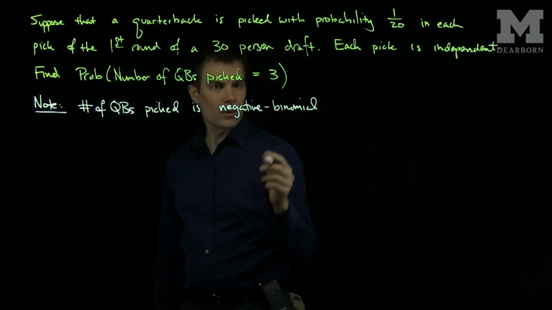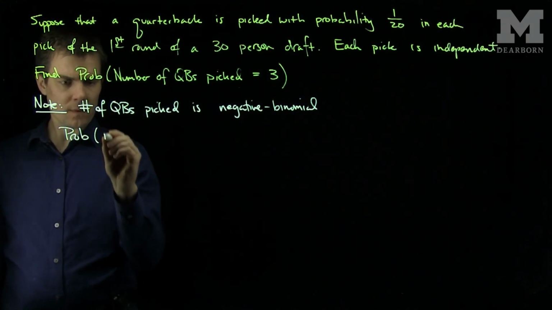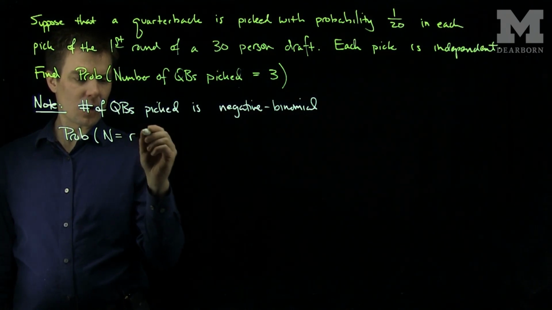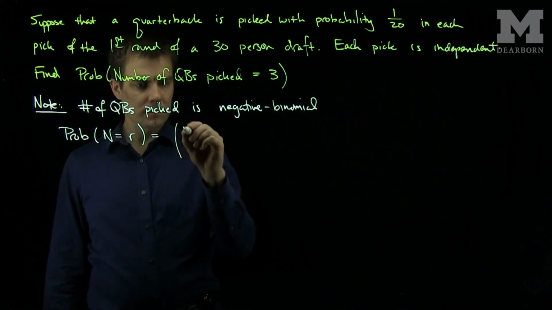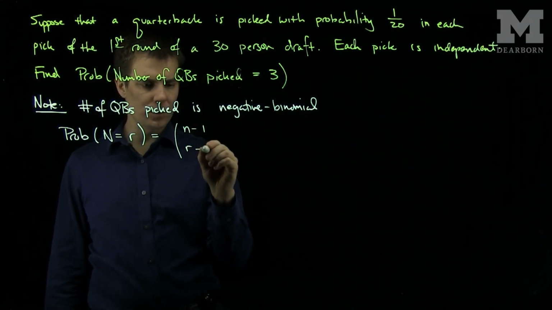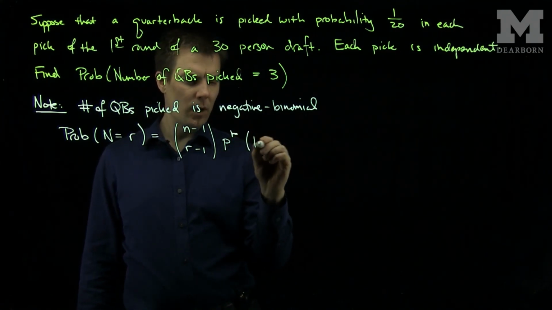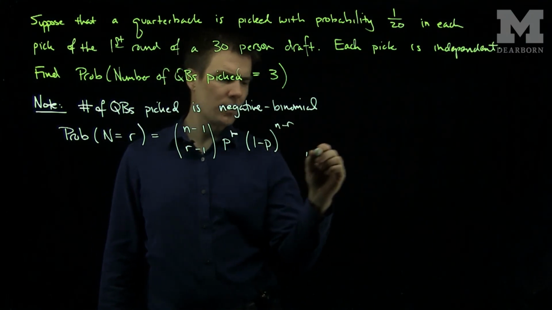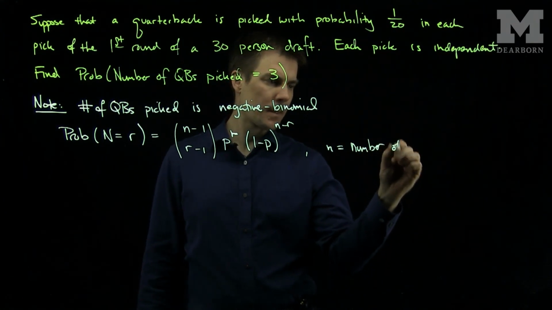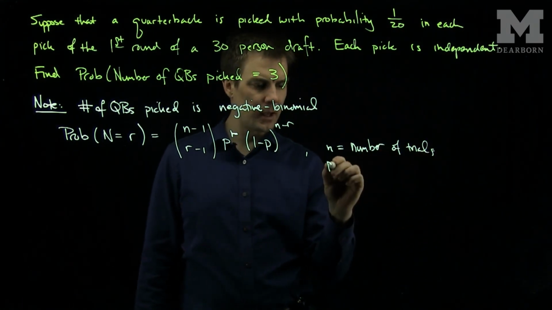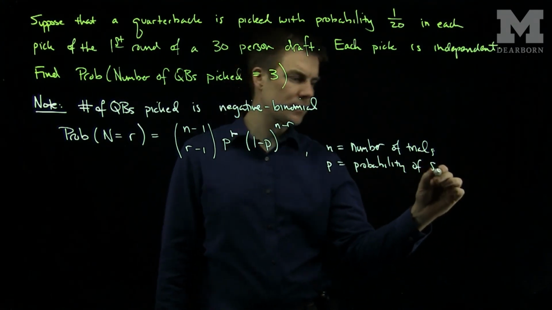And so for negative binomial random variables, the probability that n is equal to r will be equal to n minus 1 choose r minus 1, p to the r, 1 minus p to the n minus r, where n is the number of trials and p is the probability of success.